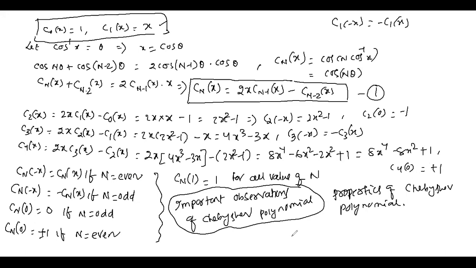Now see, our equation is the magnitude square of H_a(j omega) equals 1 by 1 plus epsilon square Cn square of omega by omega p. Now first take the condition for even.